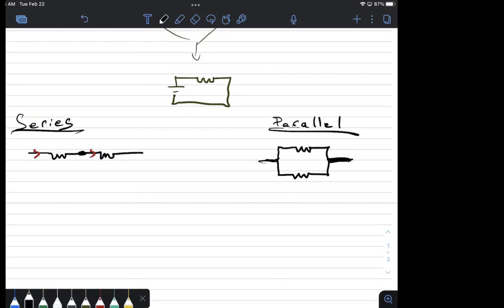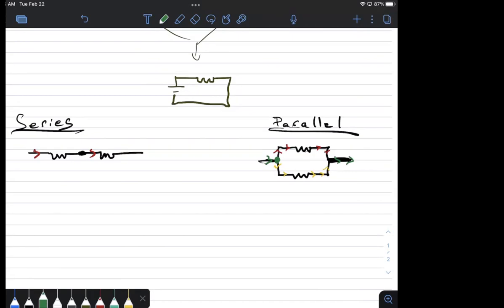Okay. So in this case, what you would have is, of course, current coming in. Then at this point, the paths diverge and some of the electrons will go to this one and some of the electrons will go to this one. And in this case, it's not like the series because any one of these electrons will either hit the top resistor or the bottom resistor, but there's no electron that is going to do both.